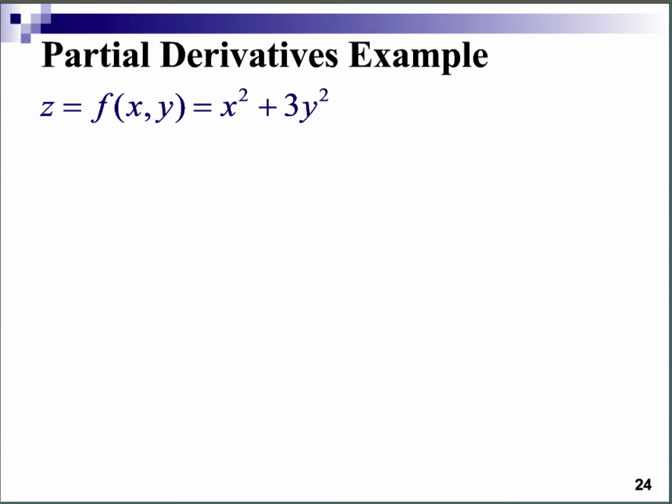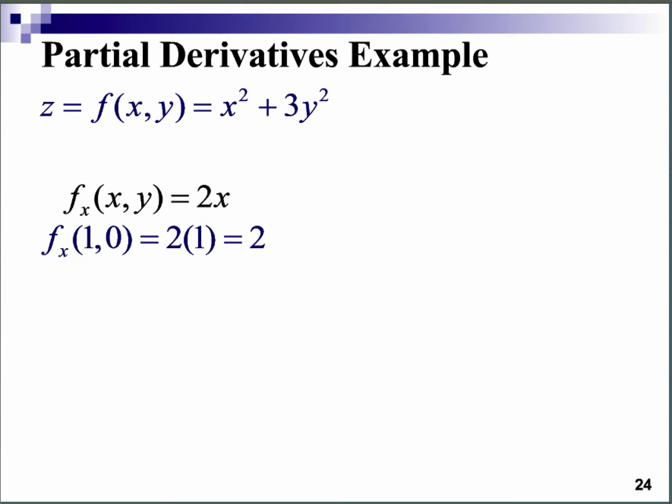So now that we know the partial derivatives, we can now evaluate those derivatives at specific values of x and y, or at specific points on the surface. So recall that the partial derivative with respect to x was the expression 2x. And if we want to look at the value of the partial at (1, 0), when x is 1 and y is 0, then we plug in 1 for x, and we plug in 0 for y.